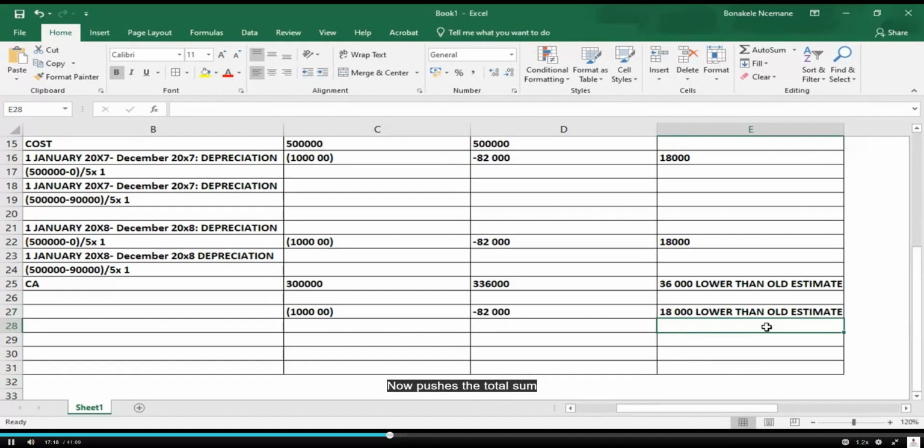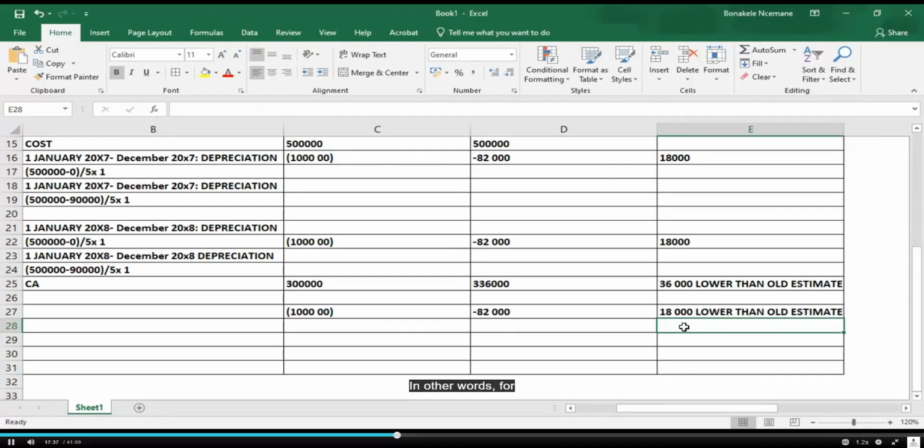Now, apologies, the total sum of the difference, because we're using the cumulative catch-up method, the previous period will be adjusted for in the current period.